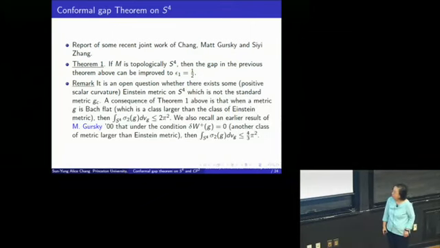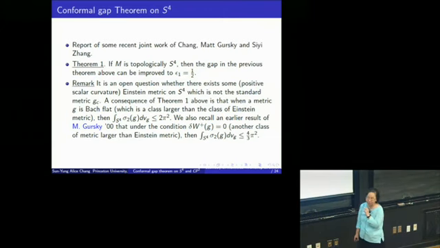And one of the reasons we are interested in the gap here is that in this field there's one problem which fascinates us, and as far as we know, it's still an open question, and that's on S4, whether there are other positive Einstein metrics other than the standard S4.